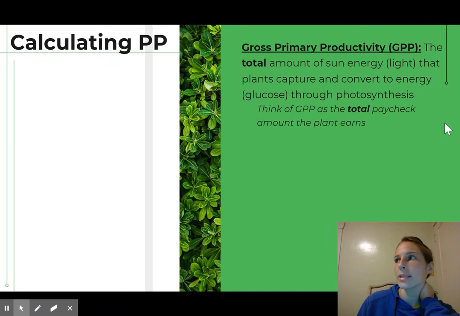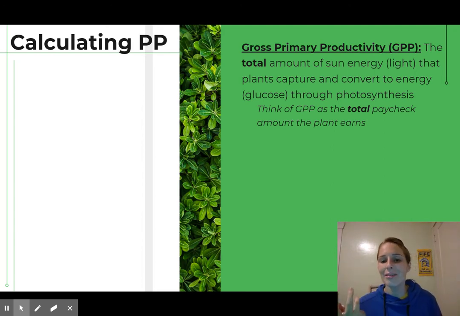Now, if you're somebody who has a job and you have ever looked at that paycheck, I'm going to give you a comparison that helps me to think through it. If you're looking at gross primary productivity, think of this as the total paycheck that a plant earns. Like everything, the amount of sunlight that they're getting, that they're converting to glucose.